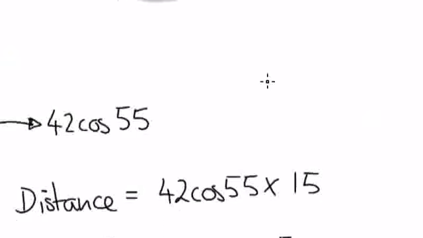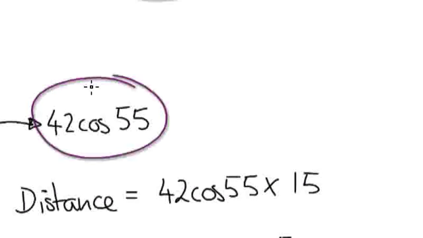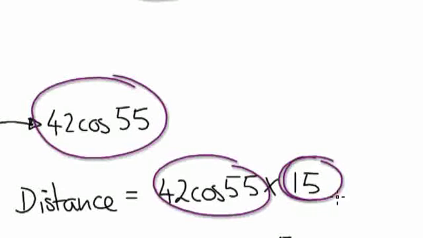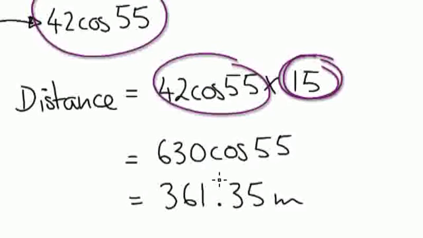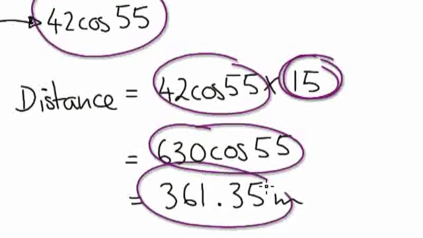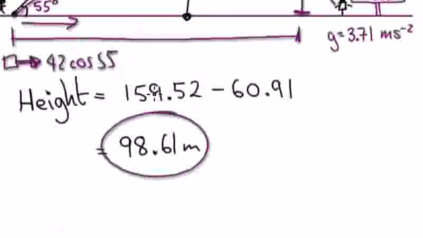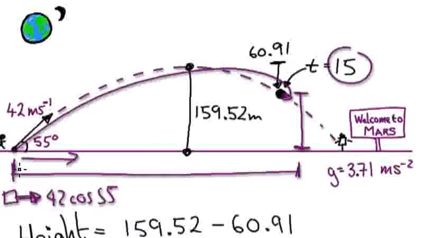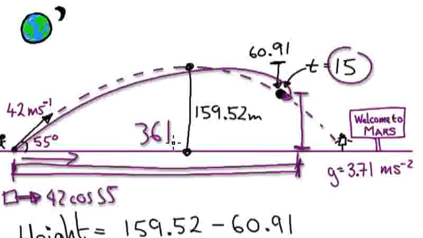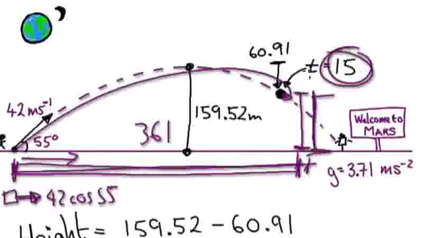So you would just get this bit here times the 15 seconds, and jump to your calculator, and it would give us roughly 361 meters. So this distance here is roughly 361 meters. We've just worked out the height and the distance here after 15 seconds.